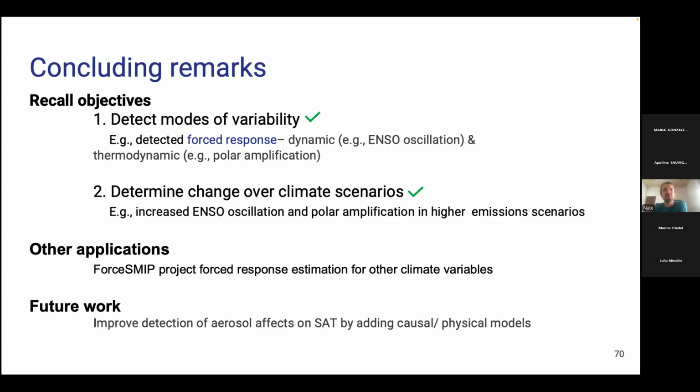Essentially, ForceSMIP is a project where you try to disentangle the internal variability and the forced response in different climate variables. The goal of ForceSMIP is specifically to predict the forced response. I'll talk about that in 1 second. I have a nice plot and a couple of mentions.